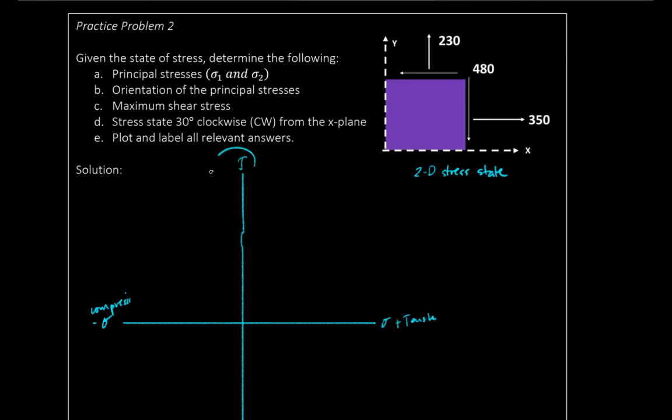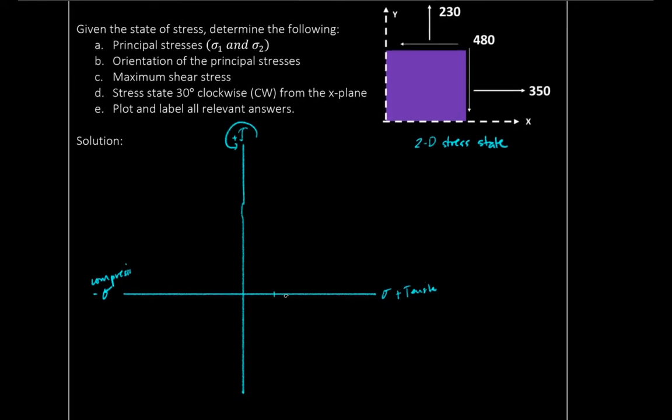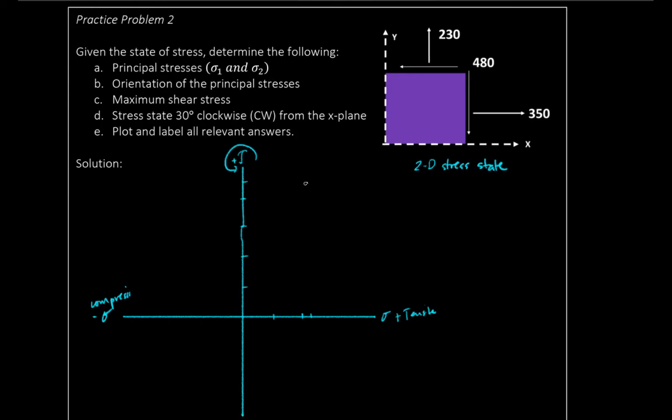Again, I'm using tau counterclockwise, so the counterclockwise direction is the positive direction. So I'll do 1, 2, and this is around 230, and let me do 1, 2, 3, 4, 480 somewhere here. So we have 230 and 480.